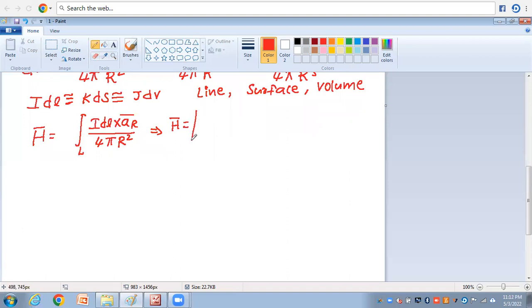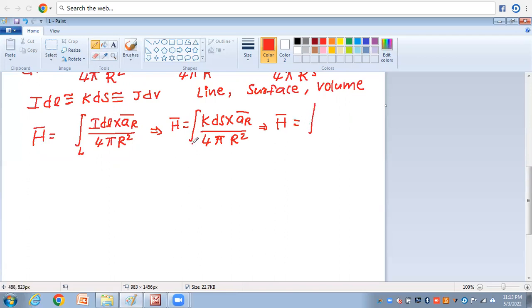Then I will go with the surface current. Vector is compulsory. H bar equal to integral of K dS cross a R bar by 4 pi r square. So this is another expression for H bar, for the surface. Now I will go with volume.